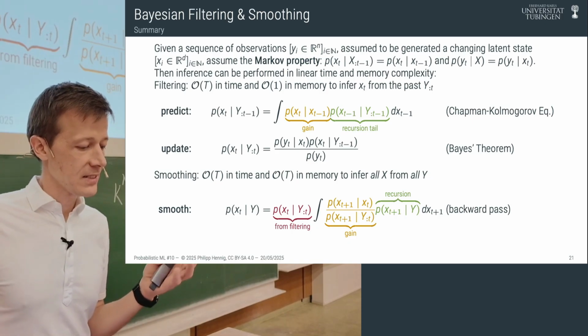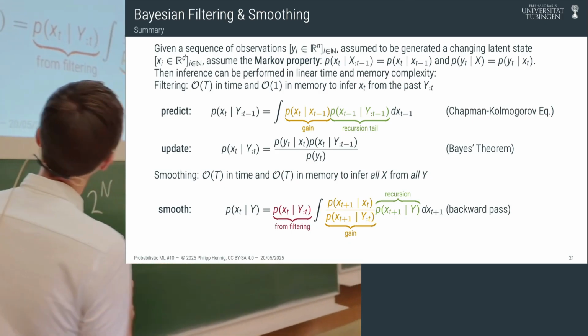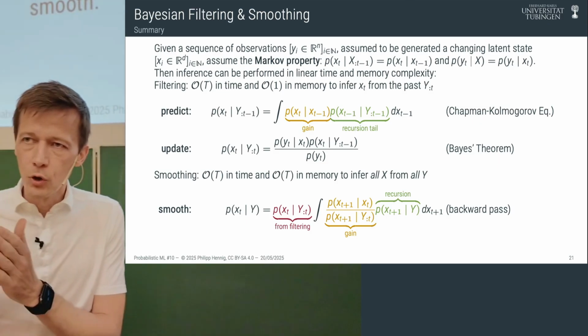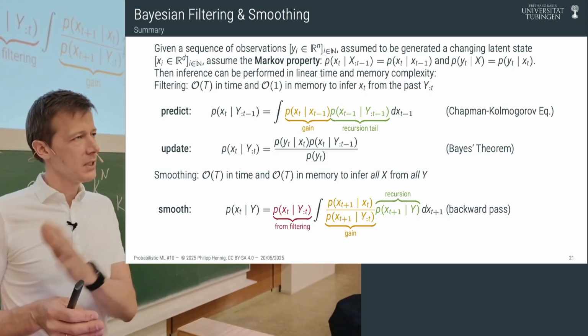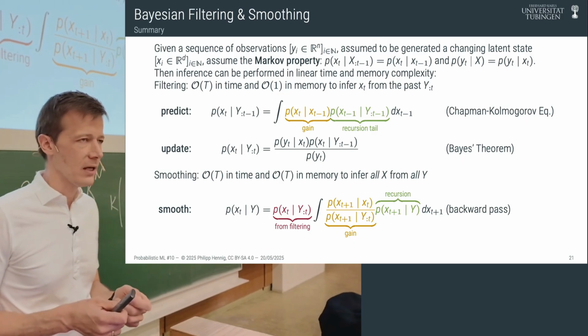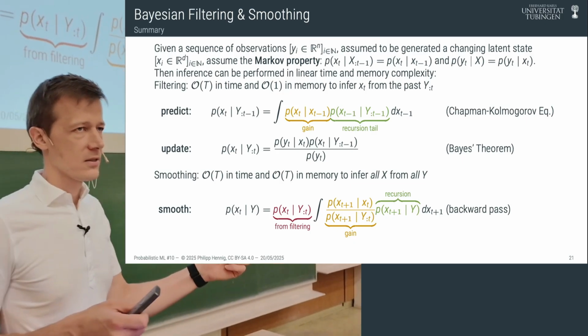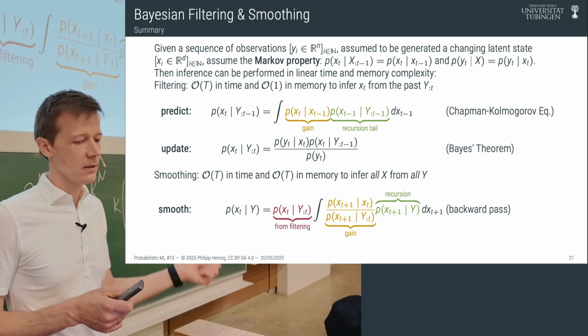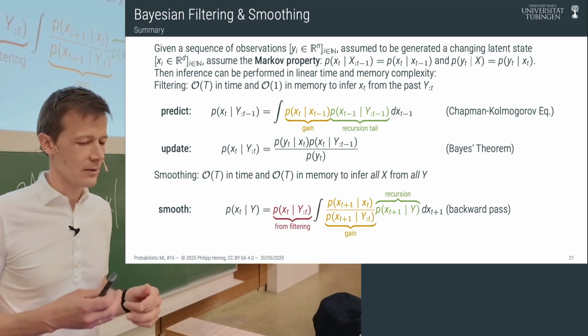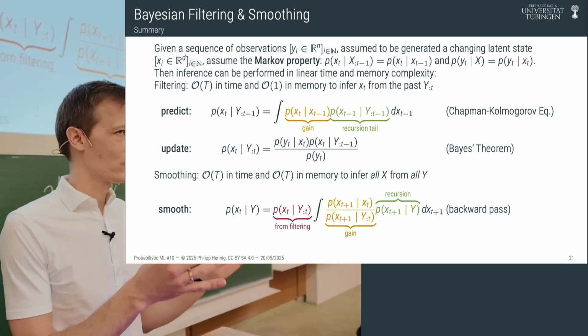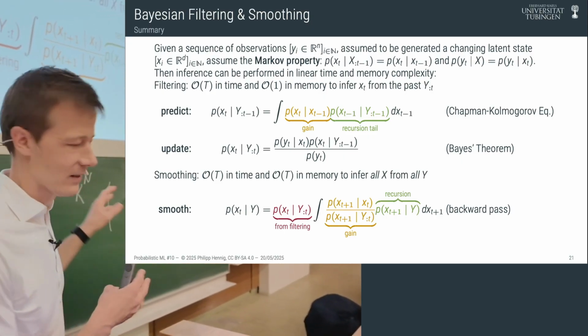Or actually, more precisely, if you only care about your local prediction at time t, and you don't care about what you predicted in the past, you actually get away with linear compute complexity, and constant space or memory complexity.